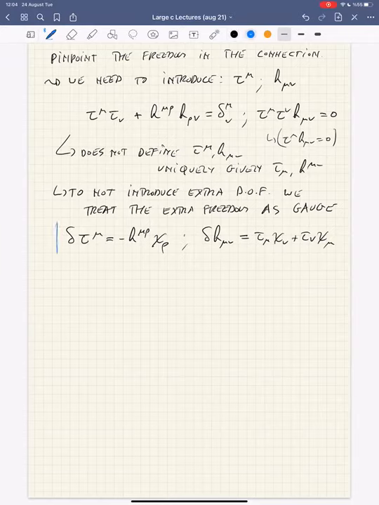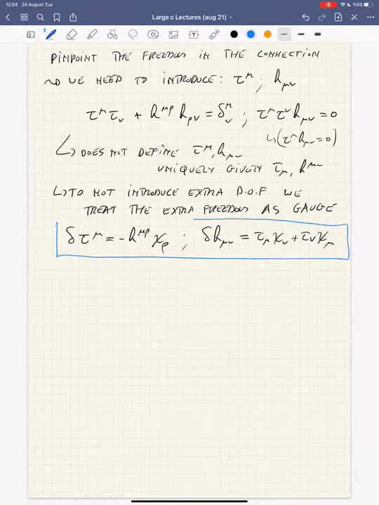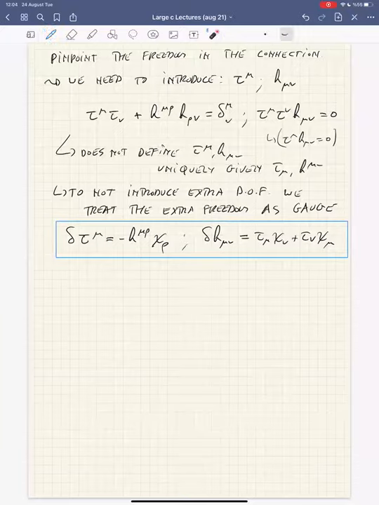So I introduce by hand this gauge symmetry, and I claim, and this is an exercise, that this removes exactly the freedom you have in solving these equations. Note, in view of time, maybe I will not write it out. These are the infinitesimal transformations. It's not too hard to find the finite transformations, and there will be an extra quadratic part in χ.